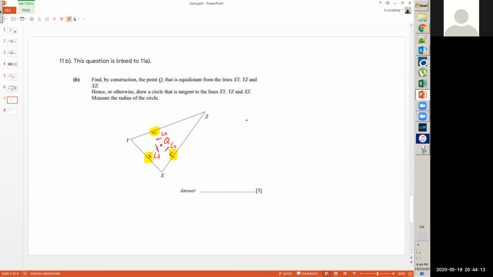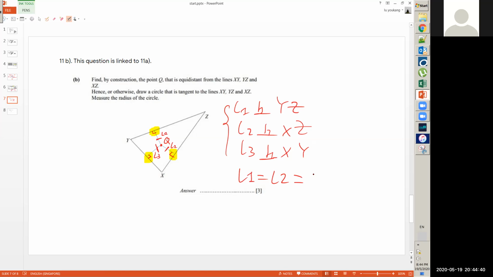So there is only one point that gives you line 1 is perpendicular to YZ, line 2 is perpendicular to XZ, and line 3 is perpendicular to your XY. And then this condition must be met. Then if your L1 is equal to your L2 and also equal to your L3, then your point Q is the point.